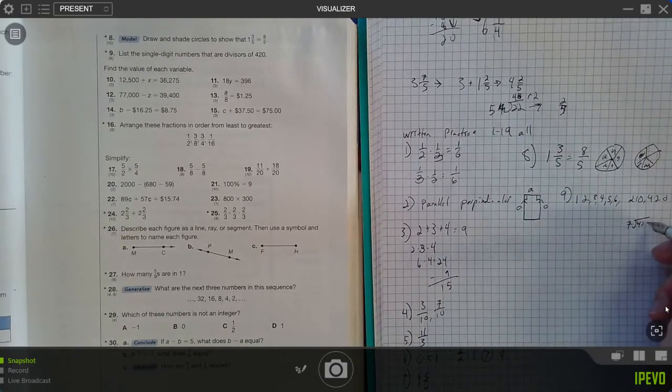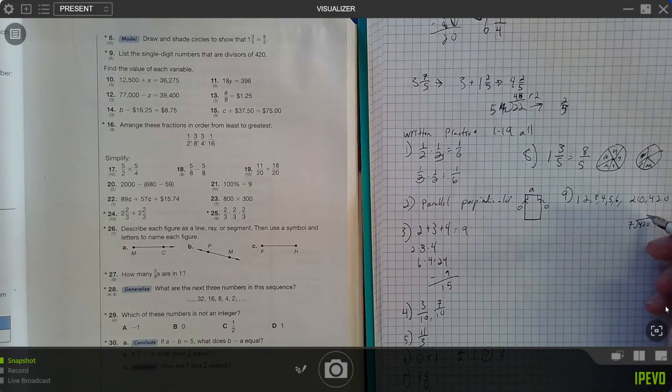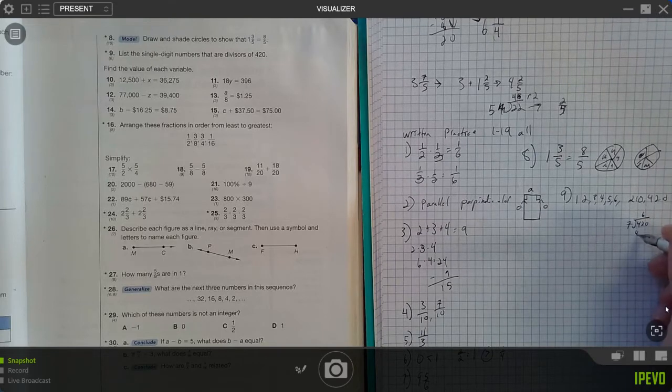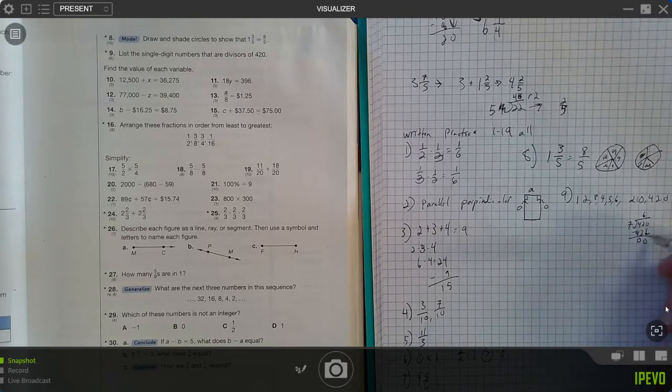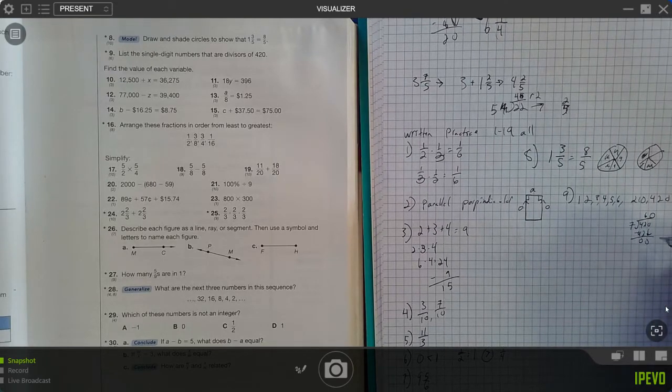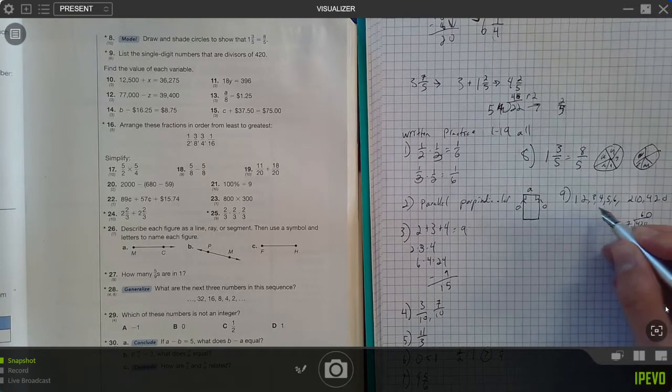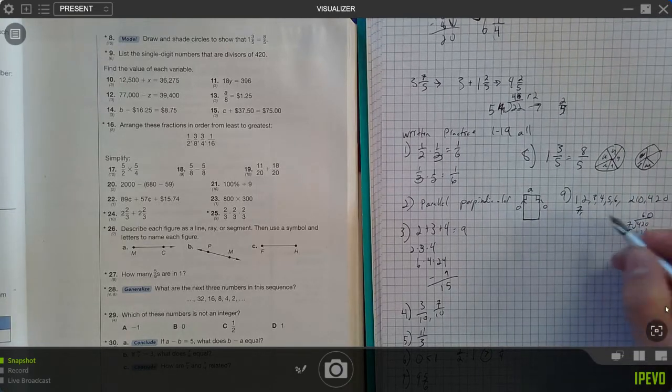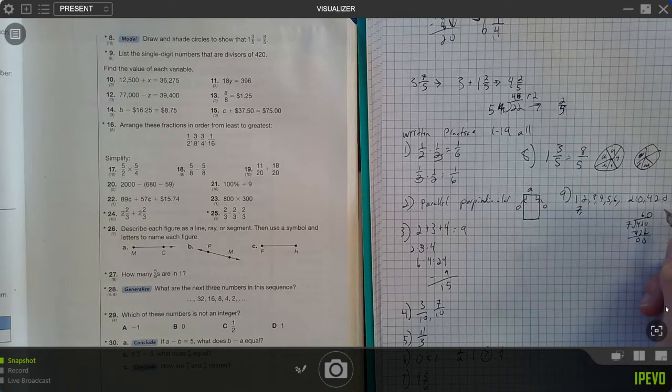I'm going to guess it does because 7 times 6 is 42. So it should go into it 60 times. So 7, if 8 doesn't go into 20, so I really don't think it will go into this, but maybe.